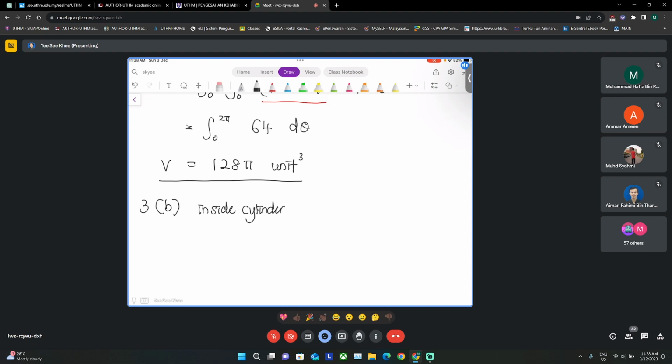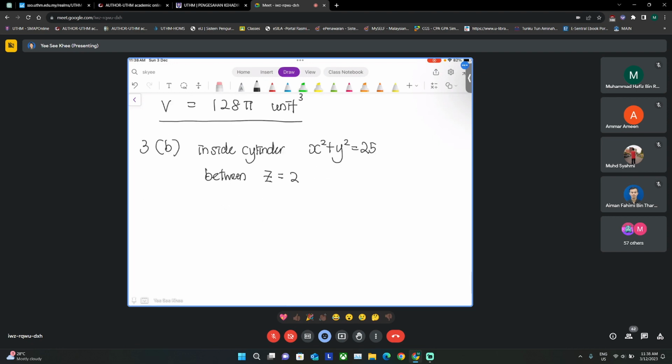I say inside cylinder, so this is the equation of the cylinder. Between two planes, that is between the plane z equals 2 and x plus z equals 8.